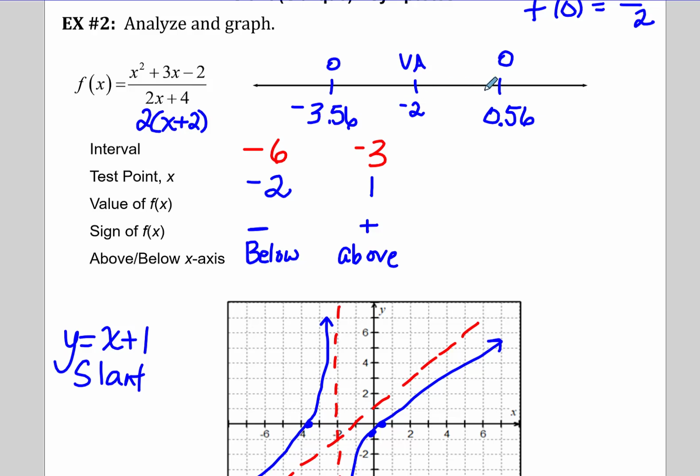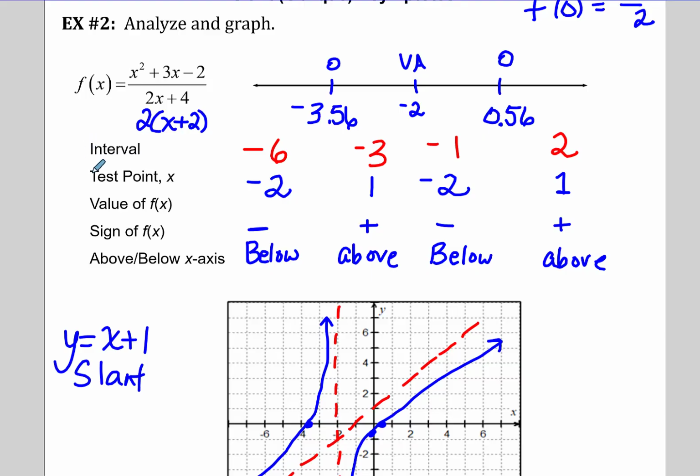In between -2 and our 0, if we tried -1, our y value is again -2, so a negative sign means the branch is going to go below the axis. And then finally I picked 2 because that was an easy one, and I ended up with 1, which was positive, so your graph lies above the x-axis.